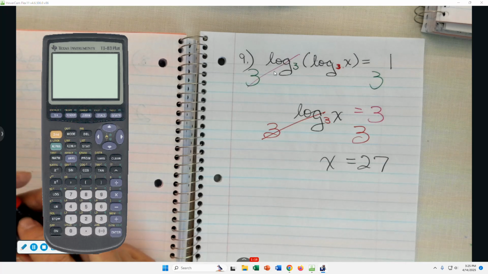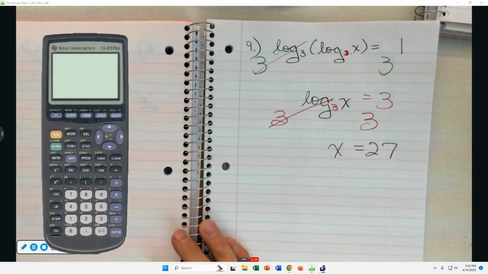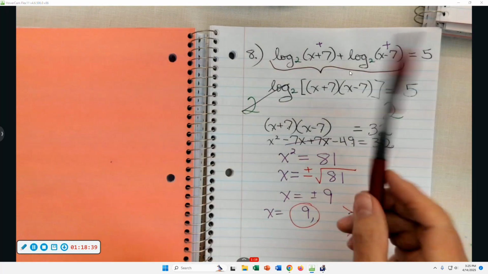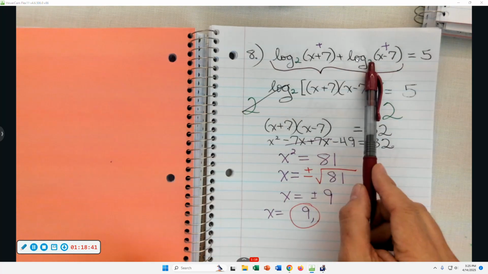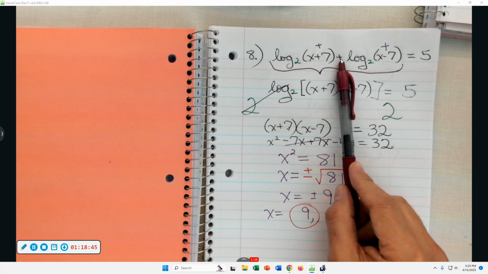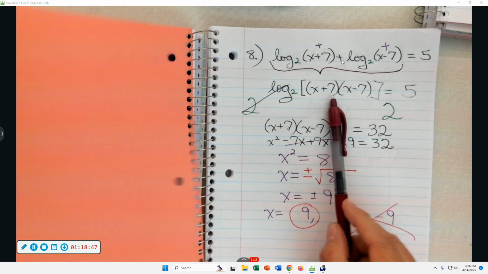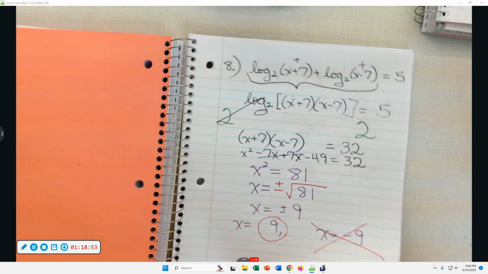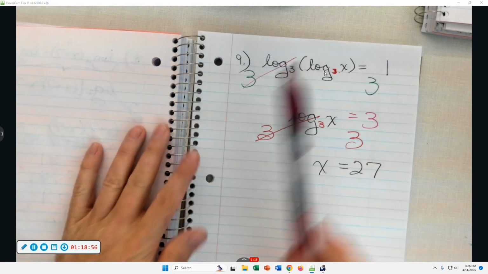So first, can you tell how this one differs from problem 8 or any of the others? The ones that have multiple logs before now have been log plus log or log minus log, and we had to condense. But this is log of log. This one here is the log of the log.